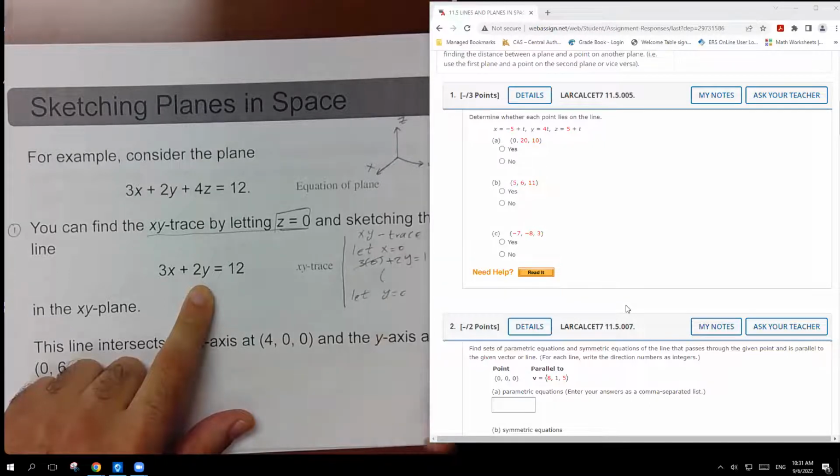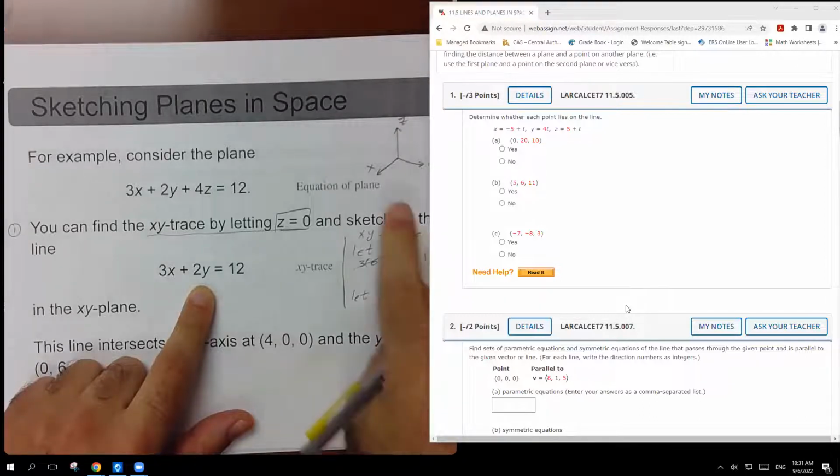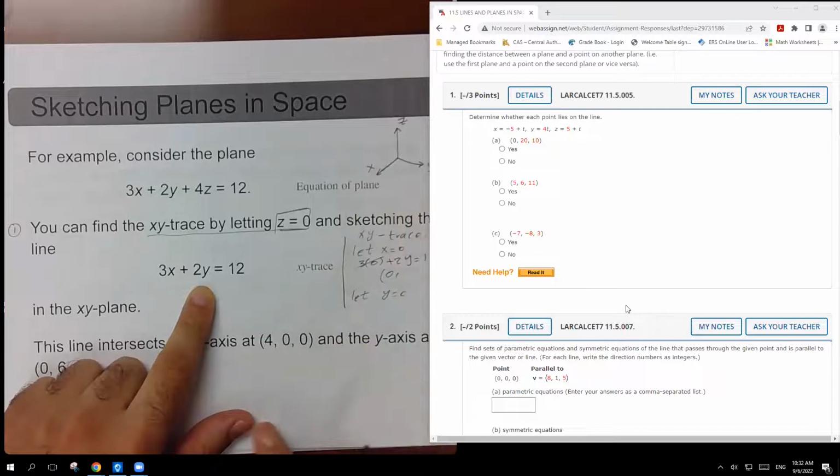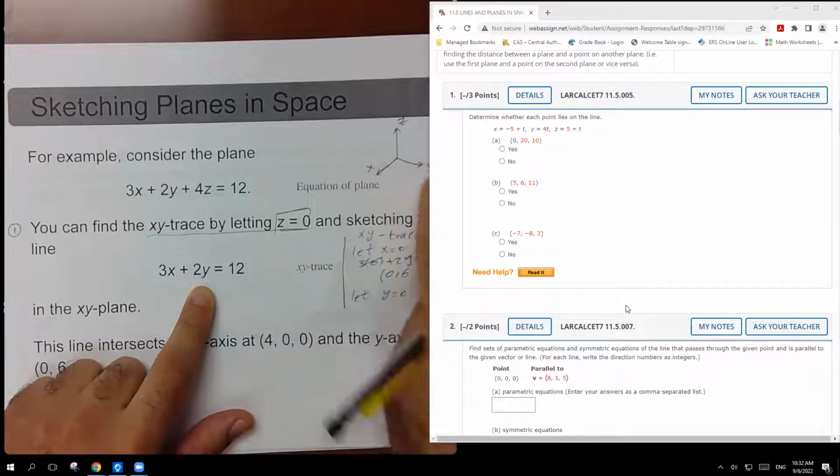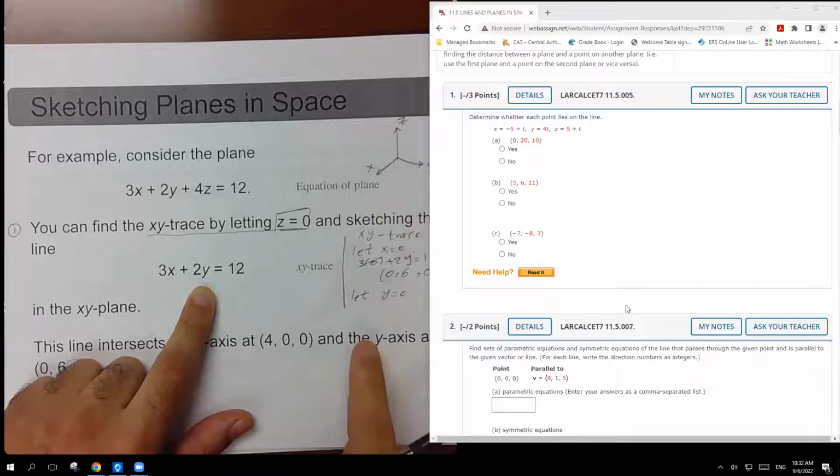That means the point is x is 0, the y-intercept with the XY trace. So (0, 6), and we already assume that z is 0 because we're working on the XY trace, so it's going to be (0, 6, 0). This is the first point on the XY trace.